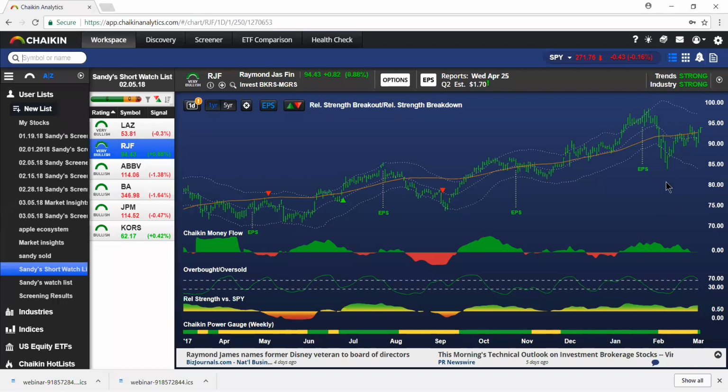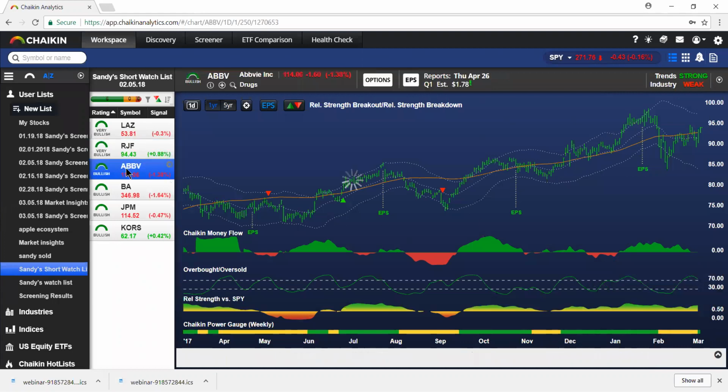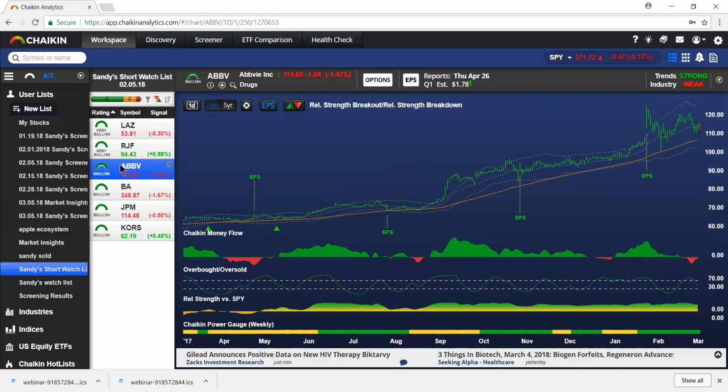I put it on my list back in February, right about in here when it had pulled back to 89. It's now 94, which is okay, but a little neutral here. Before I buy this, I want to make sure this Power Gauge rating persists, and I want more money flow in it.